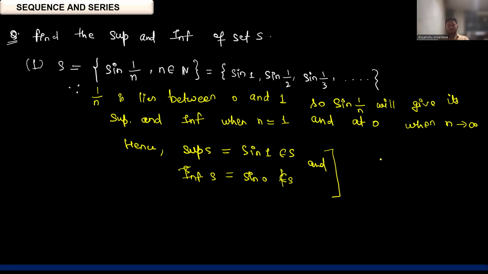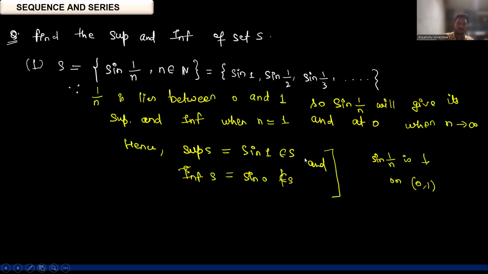So sine 1 by n is contained in 0 comma 1. Again the same problem comes. Hold on. Here is 0 comma 1.